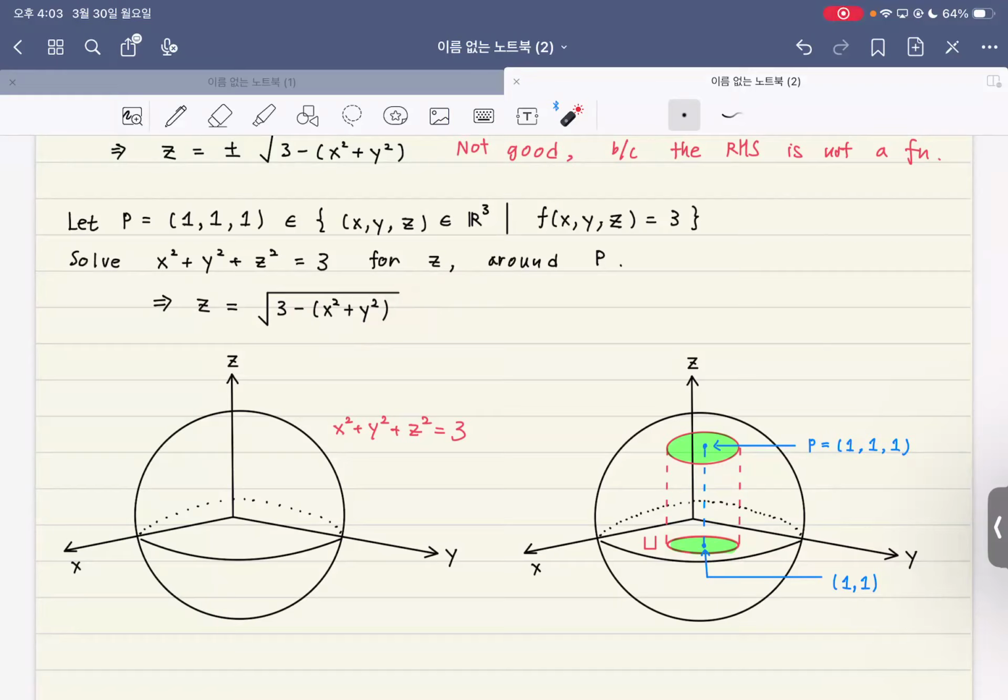So solving an equation for z around the point P means that you can find some open neighborhood of P such that the intersection of this open neighborhood and this level set can be understood as the graph of some other two-variable function. Then I say I am able to solve this equation for the letter z.